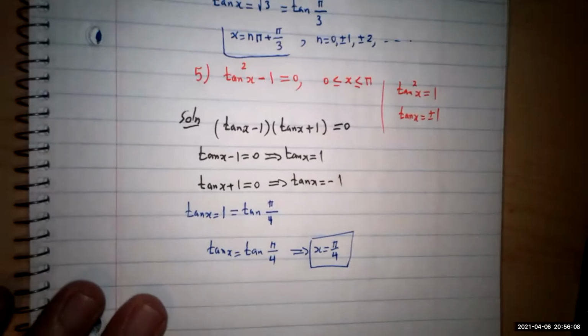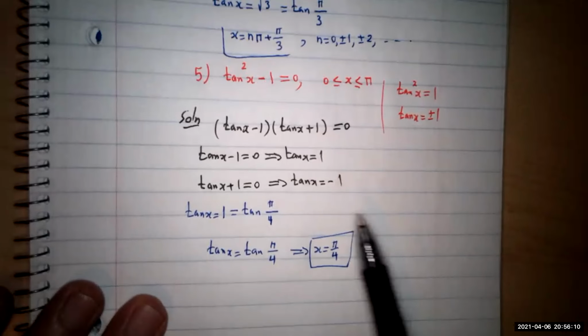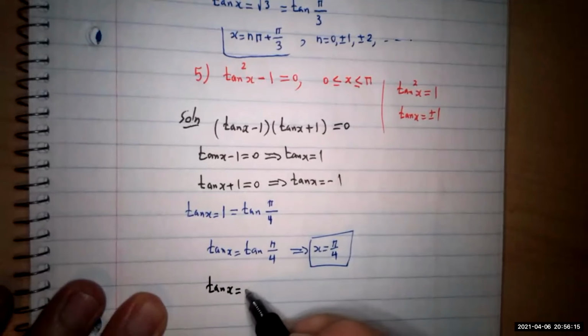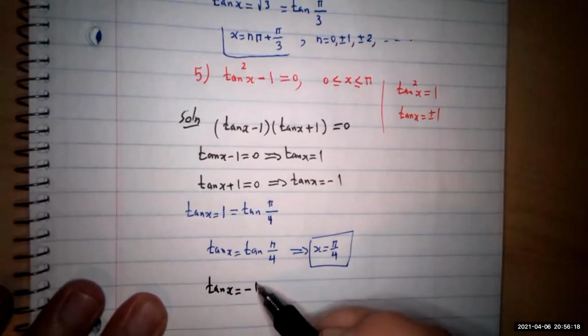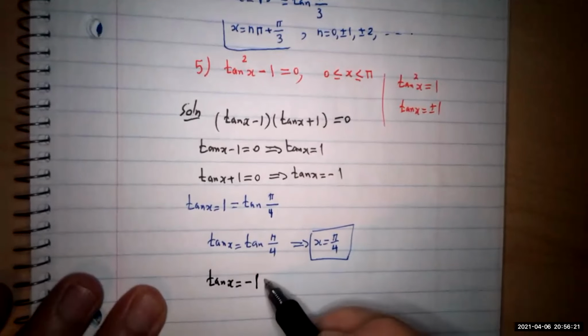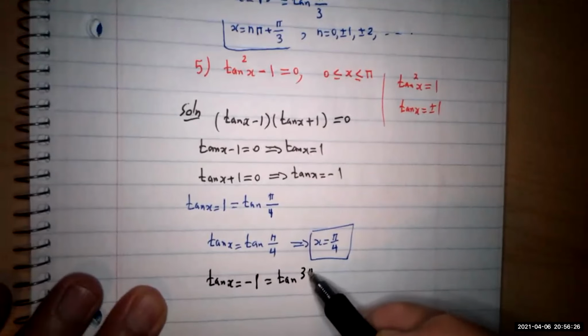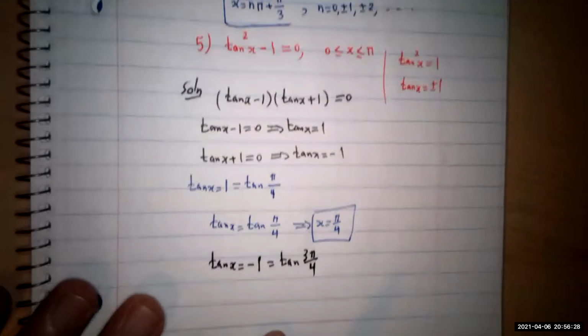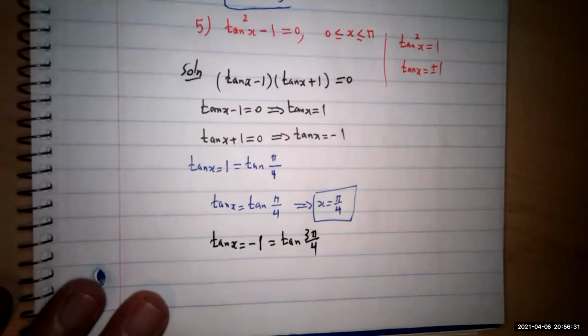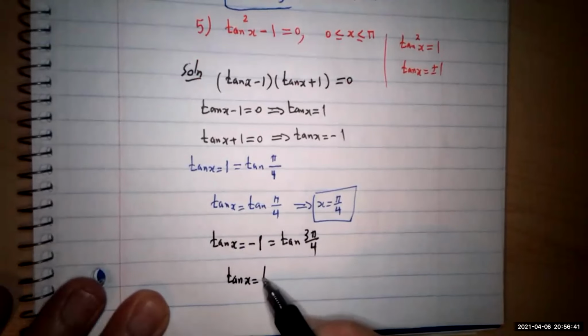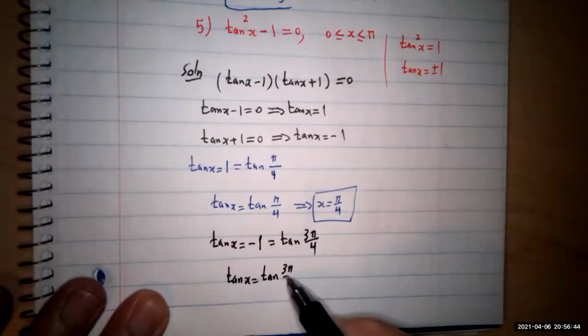This is one solution, but you're not done. You have to take the other one, tangent of x equal to -1. You know that the tangent is negative in the second quadrant, and this is going to be the tangent of 3 pi/4, 135 degrees if you like. So we have tangent of x equal to tangent of 3 pi/4.